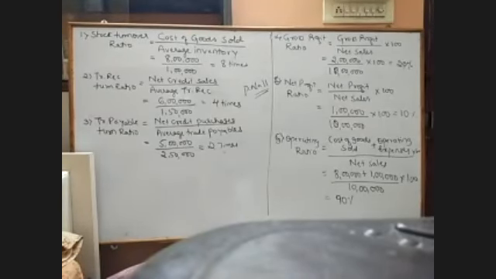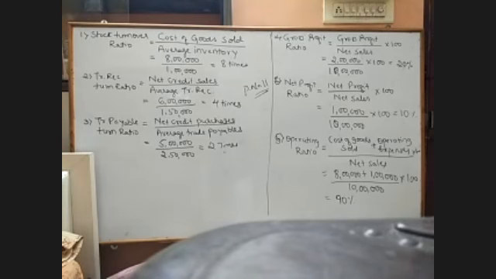Now, the next problem is problem number 9, which has investment turnover ratio, fixed asset turnover ratio, operating profit ratio, and next is dividend ratio and book value per share.